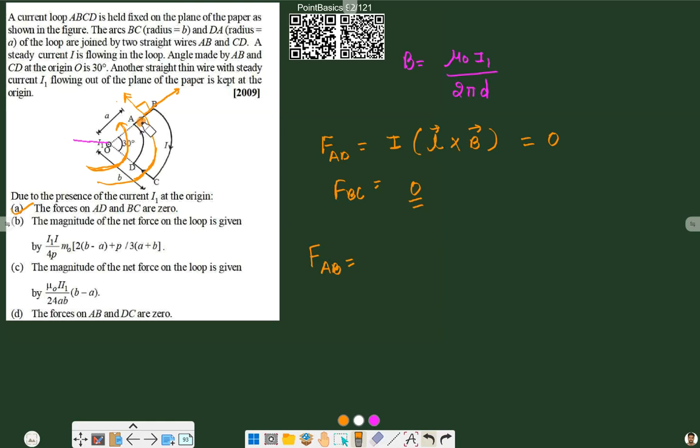But we are sure that the value of force will not be 0 for either AB or DC, so statement D should be wrong. B and C we don't have to solve, as we have already solved A, and it is the right answer here. Now let's move to the next one.